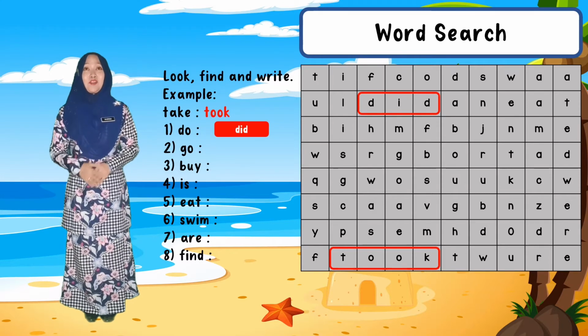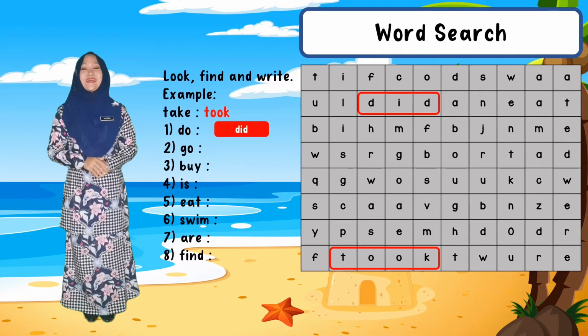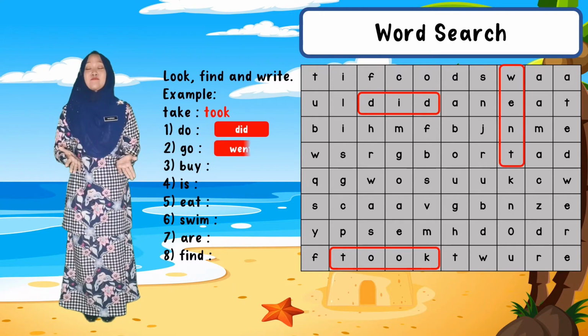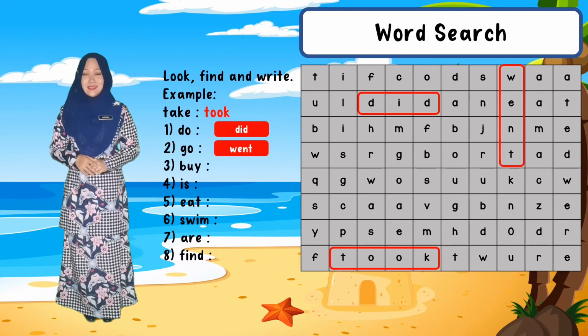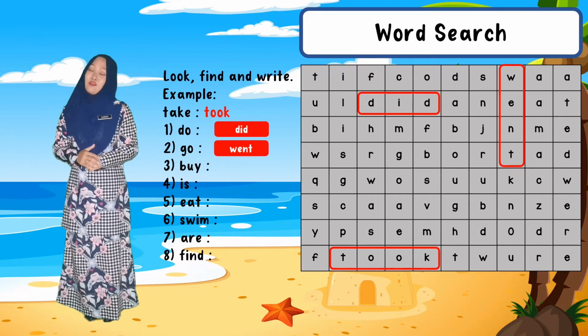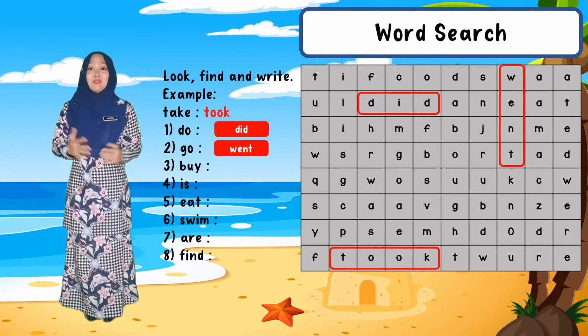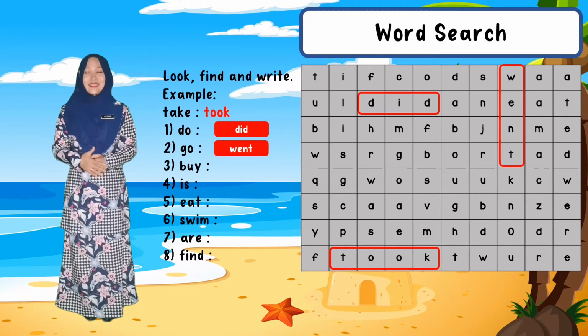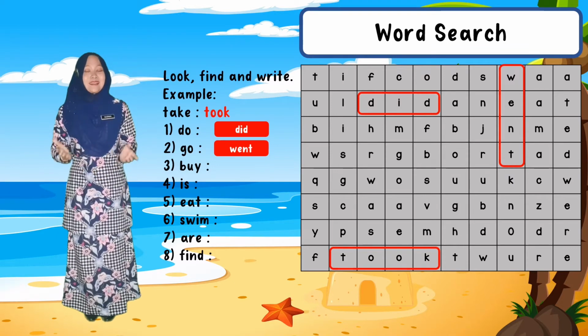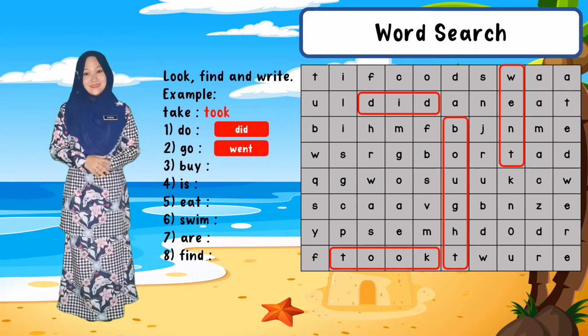It is from top to bottom. That is went. Next verb, verb number 3. Buy. Where is the past tense form of the verb buy in the word search? Again, it is from top to bottom. That is bought.